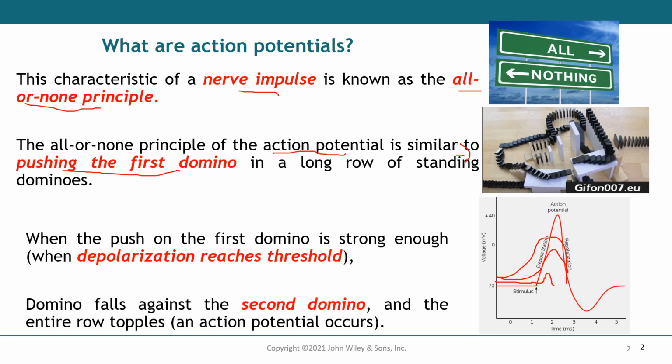So if you have enough change in the membrane potential to reach the threshold of depolarization, it will be enough to move all the way, produce the action potential, and trigger the repolarization, hyperpolarization, and the refractory period.